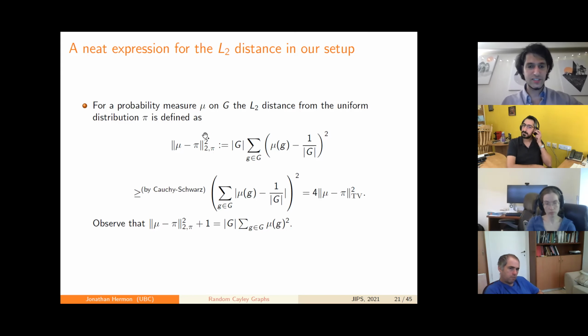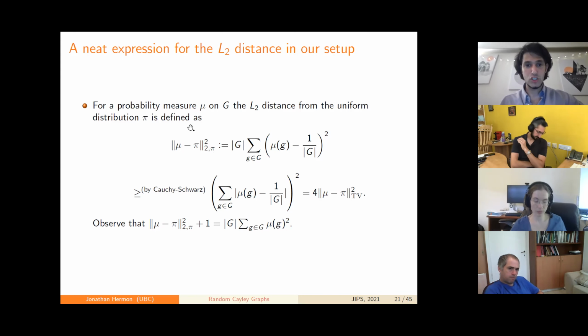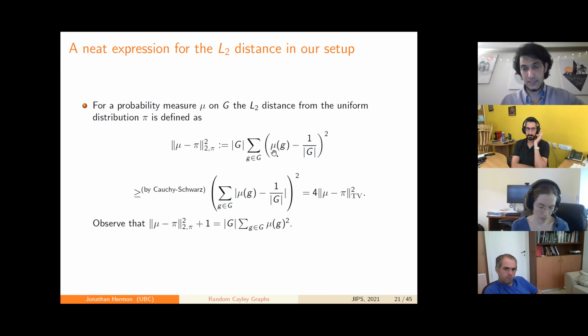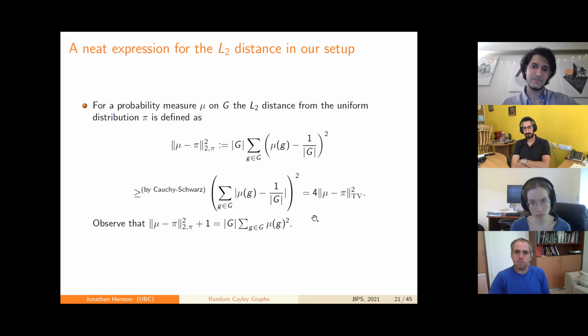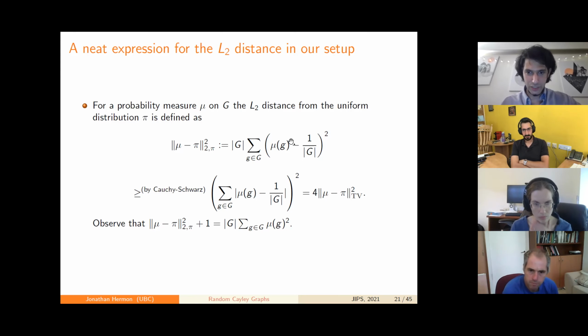So the L2 distance squared of a distribution mu on G from the uniform distribution pi on the group is what it should be: instead of having absolute value like in total variation, we're taking the square, but we have a normalization by the size of the group. The reason for this normalization is that by Cauchy-Schwarz, this is larger than the total variation distance.